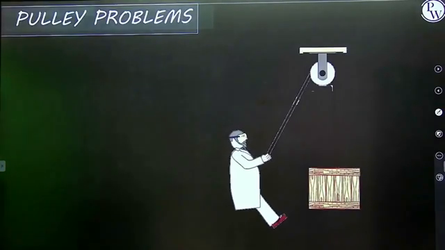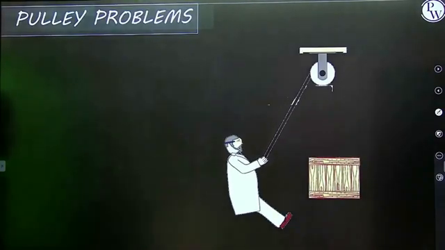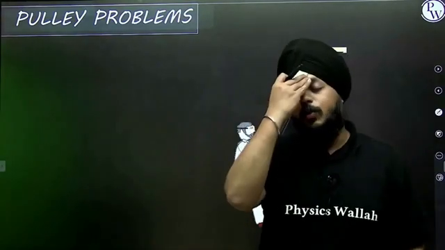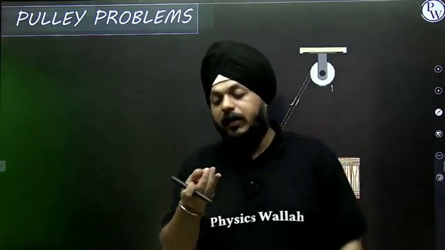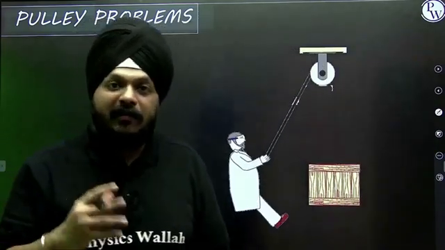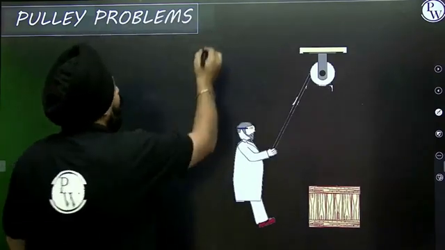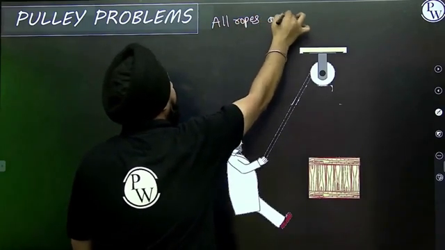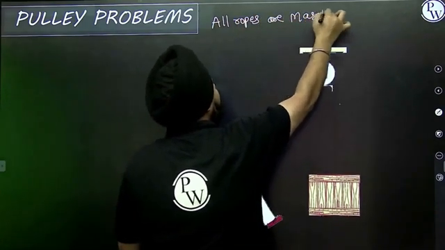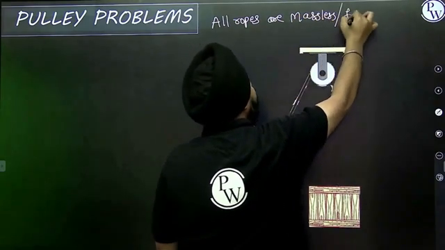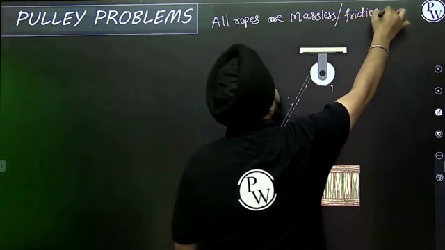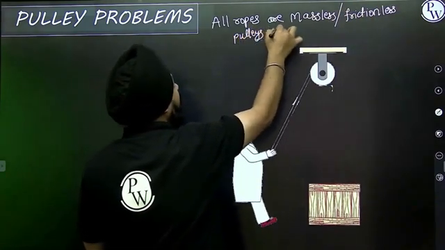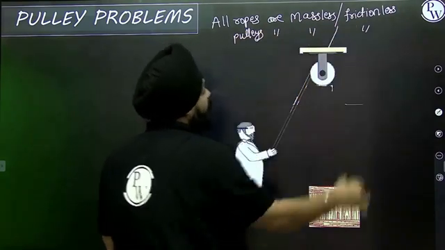Now let's move on to the pulley problems. In a maximum number of cases of pulley problems, one statement is used: all ropes are massless and frictionless, all pulleys are massless and frictionless.